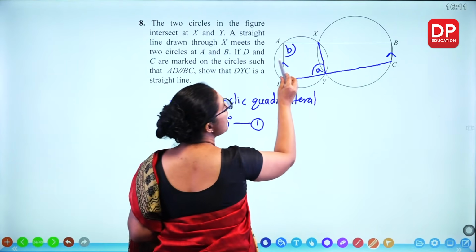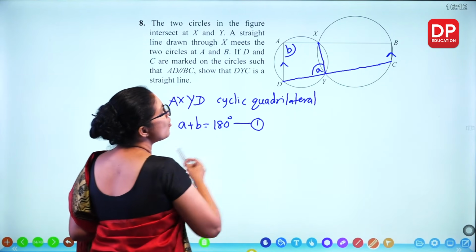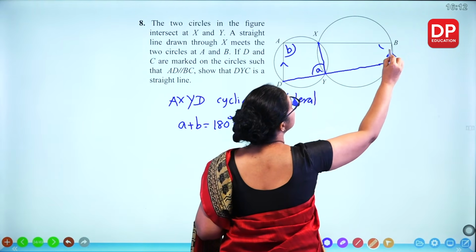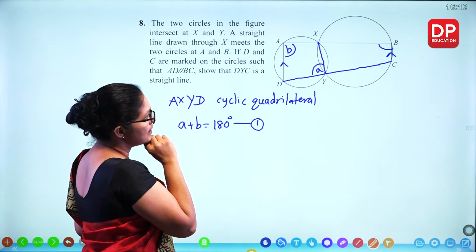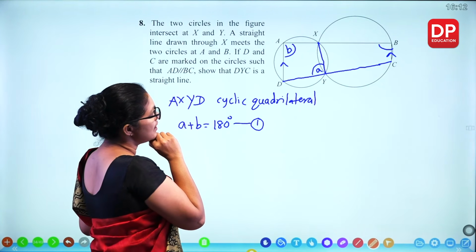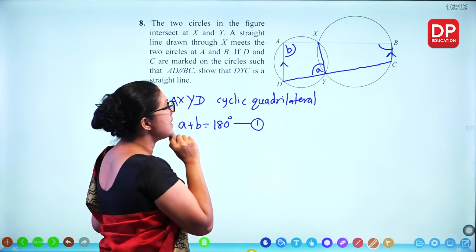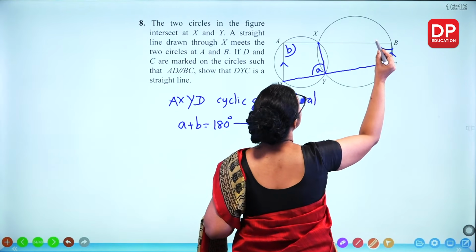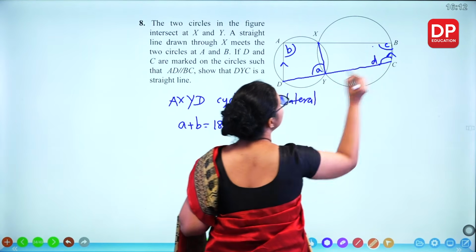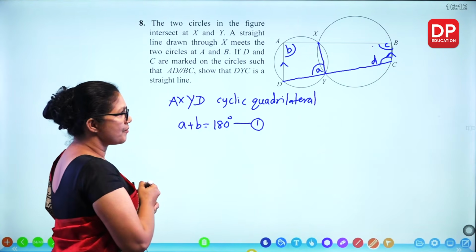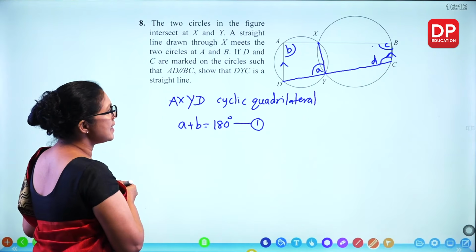But these two lines are parallel. What can I say about this angle? This is 180 minus B, or I'll put this one as C and this one as D. What's the relationship between B and C?